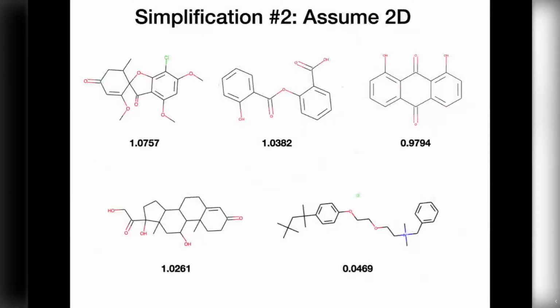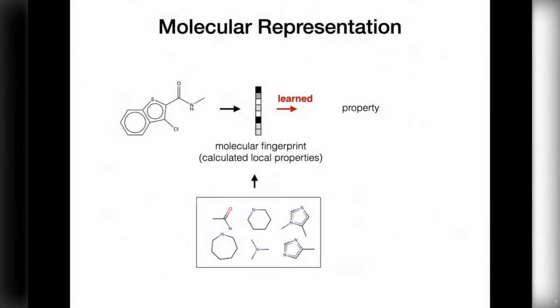And then I'm going to make an even bigger simplifying assumption, even though we know that clearly the 3D geometry plays a significant role in activity. I'm going to say, forget about it. We're going to model it as 2D graphs. So the input of the model will be a 2D graph and some number that we want to capture, that in this case captures antibacterial activity.